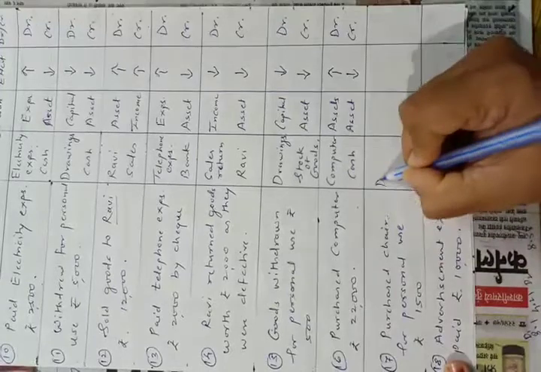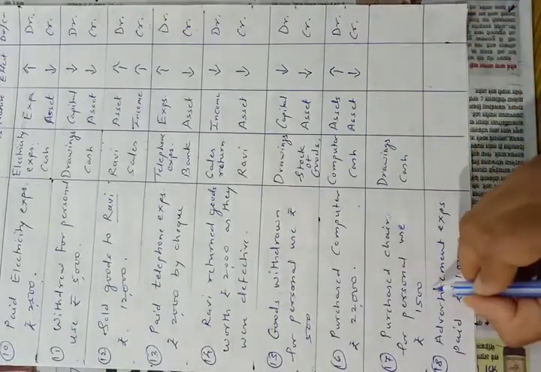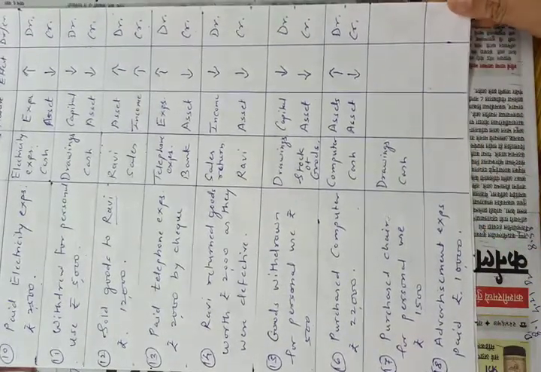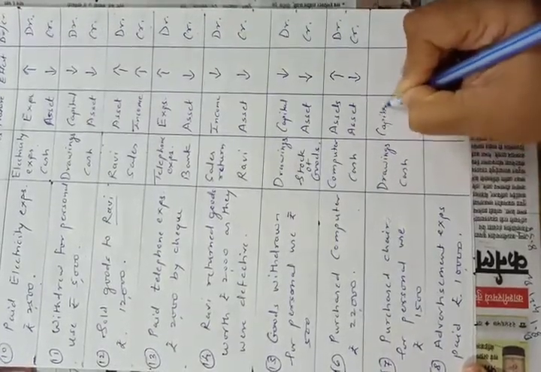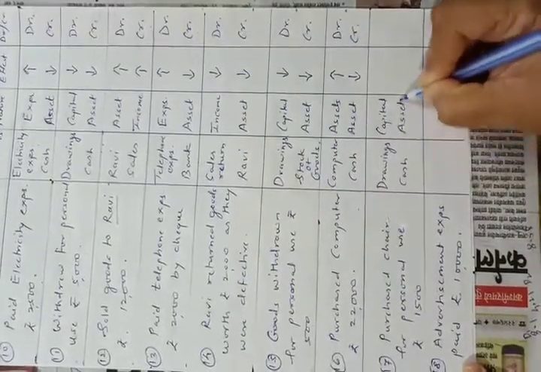First account will be drawings account and second account will be cash account. He is withdrawing rupees 1,500 from business for purchasing a chair for his personal use. So it will be drawings from the point of view of the business. Drawings is related to capital and cash is our asset. Okay.